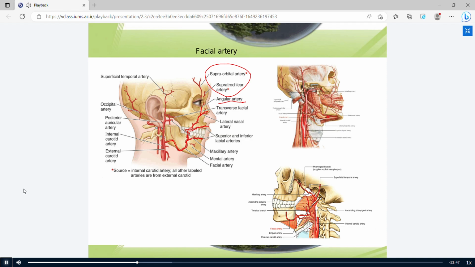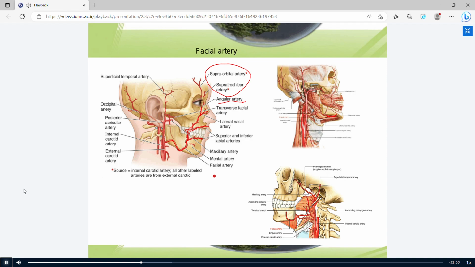This is the submental branch. This is the facial artery going to the face, and this is the submental branch, which goes to the mental region. The tonsillar and palatine branches go to the tonsil and soft palate. So this is very important. You should know about the facial and cervical branches of the facial artery.